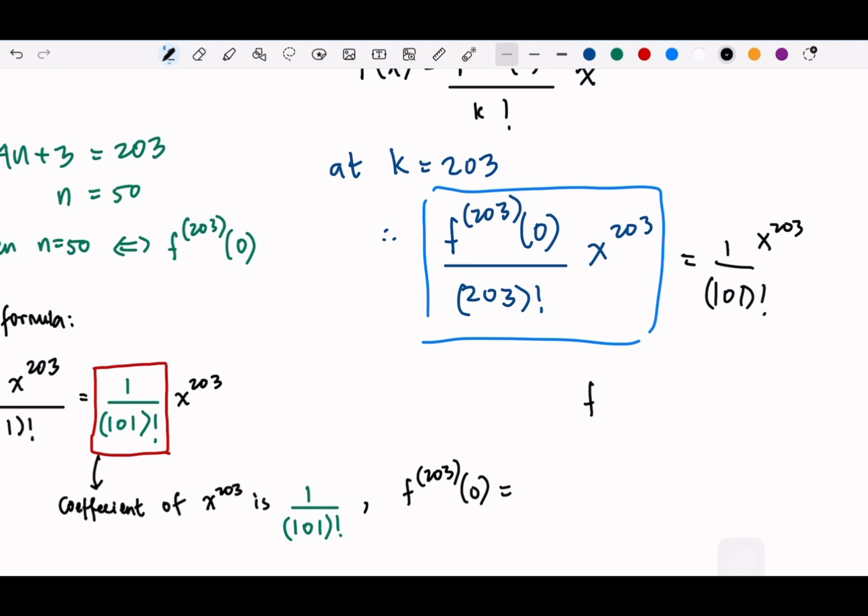Then the 203rd derivative of f at 0, we cross multiply, this will be equal to 203 factorial over 101 factorial.